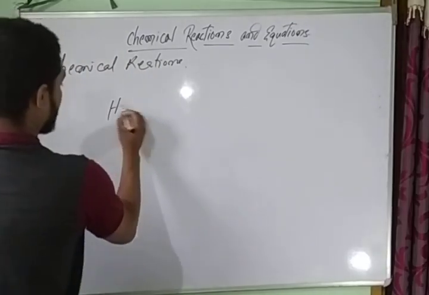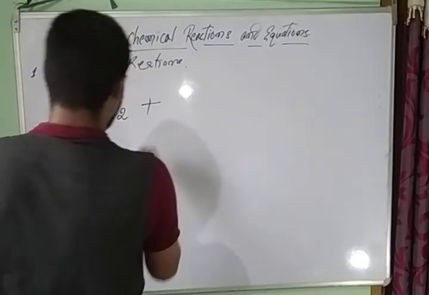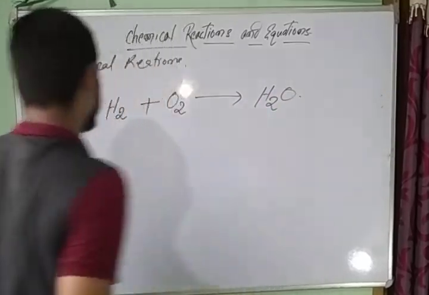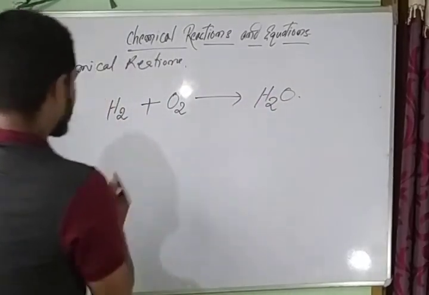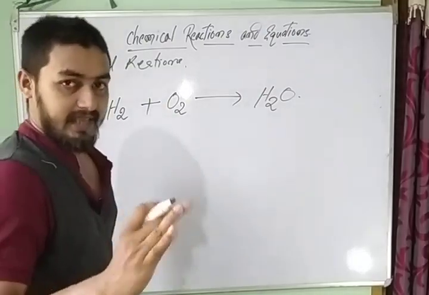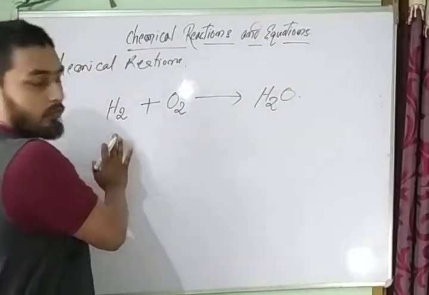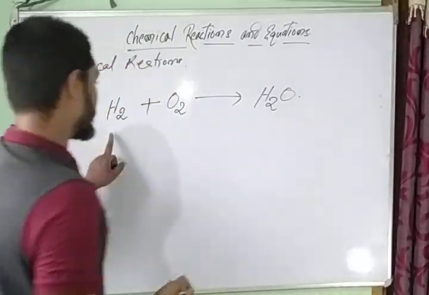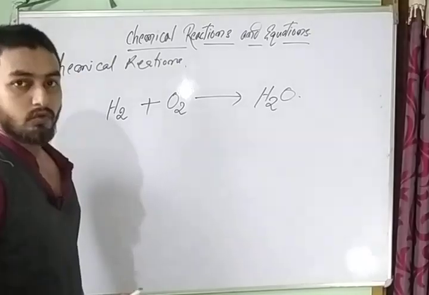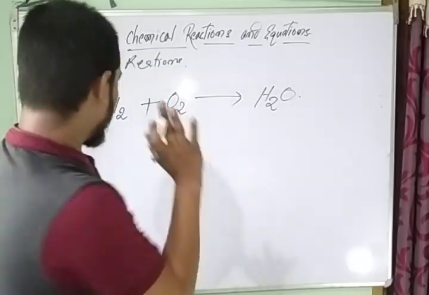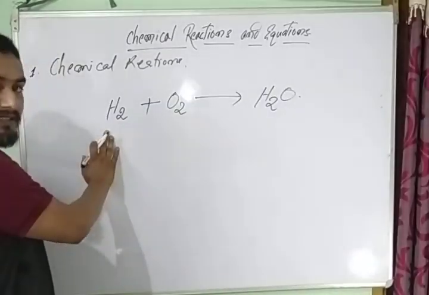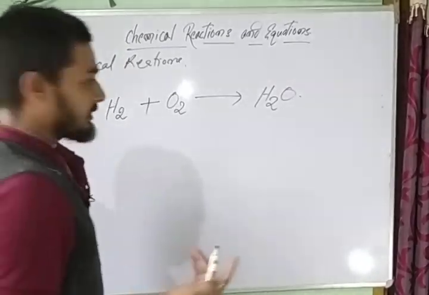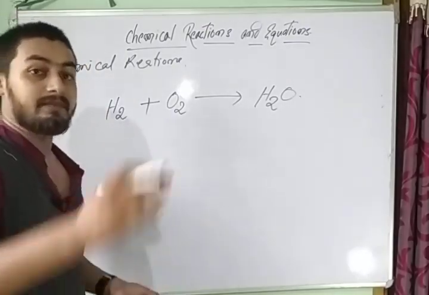For example, when hydrogen H2 reacts with oxygen O2, it forms H2O, that is water. Here the hydrogen is a highly inflammable gas. Whenever it comes in contact with flame, it burns up. And oxygen is a type of gas which helps in burning. So here one is a highly inflammable gas, burns up in contact with flame, and another one is the type of gas which helps in burning.